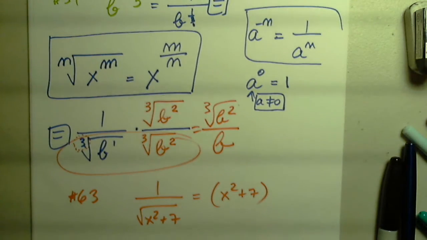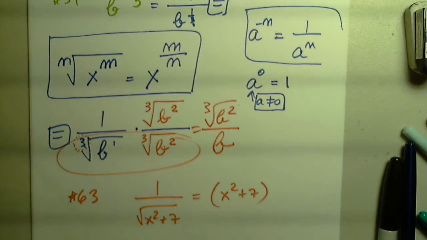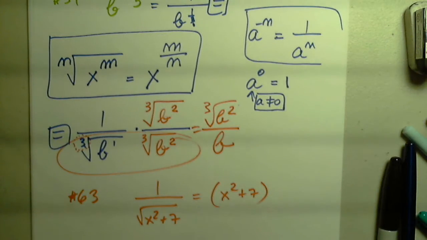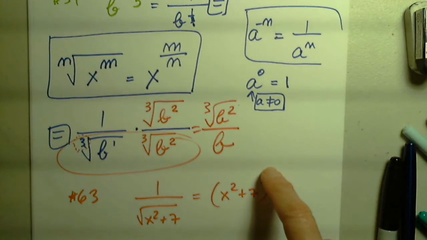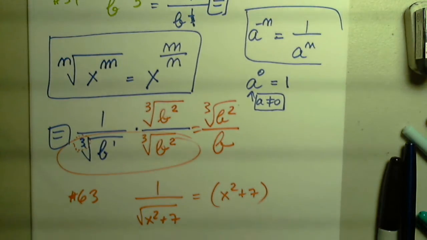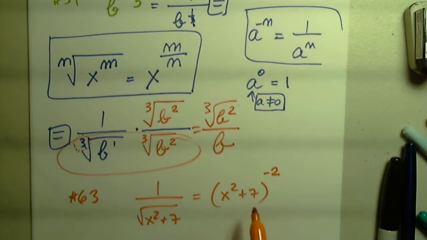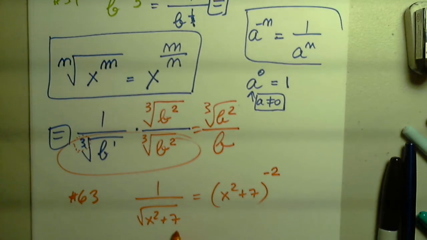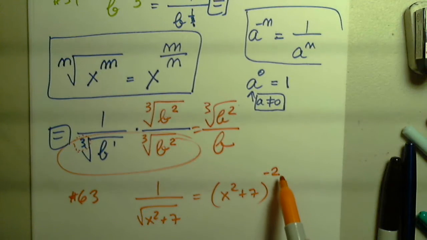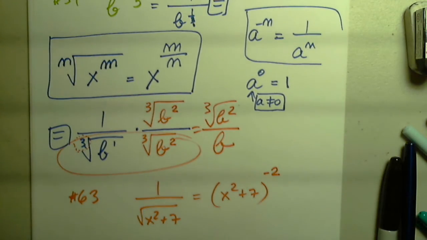Don, would you like to give it a shot? Yes, Macaulay, go ahead. -2. But -2 will be 1 over x squared plus 7 to the second power. So -2 will not work.